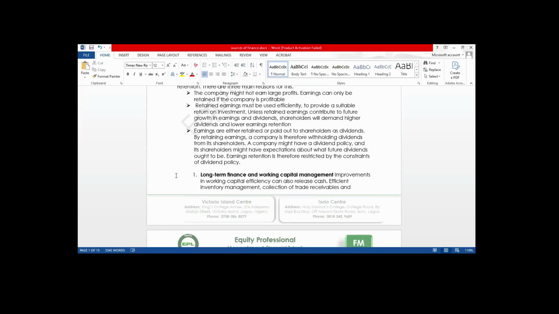How does this translate to source of equity financing? We said long-term finance and working capital management.